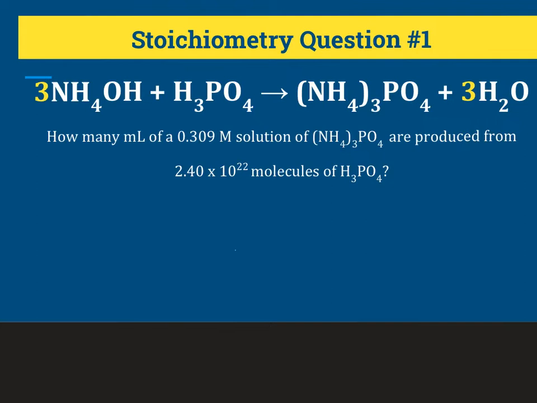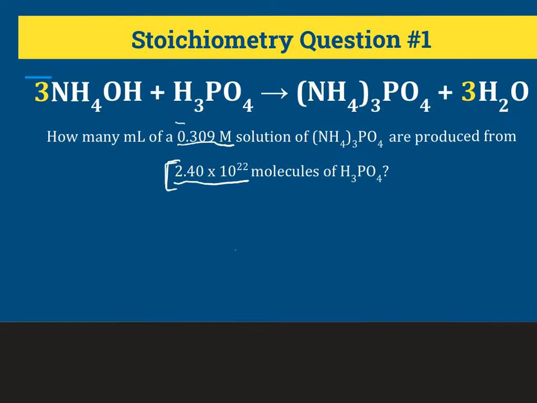We have a balanced equation, and our problem is asking us how many milliliters of a 0.309 molar solution are produced from 2.40 times 10 to the 22nd molecules of H3PO4. This is an instance where we have two givens here.